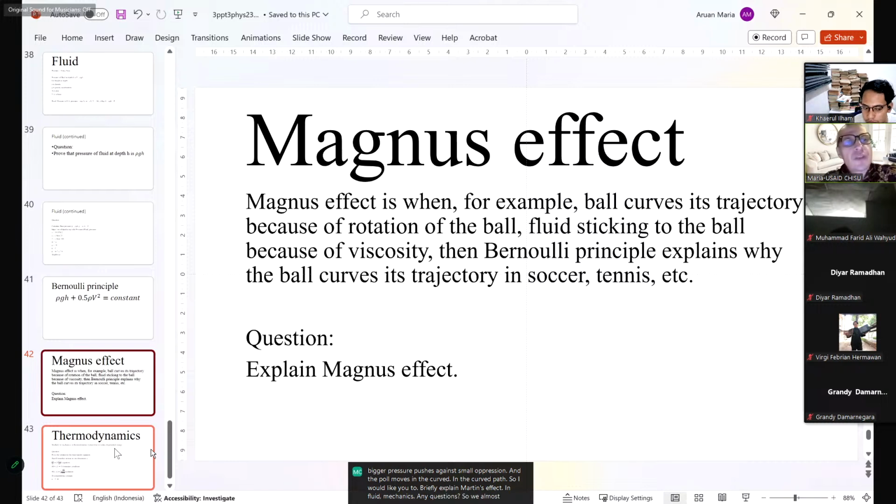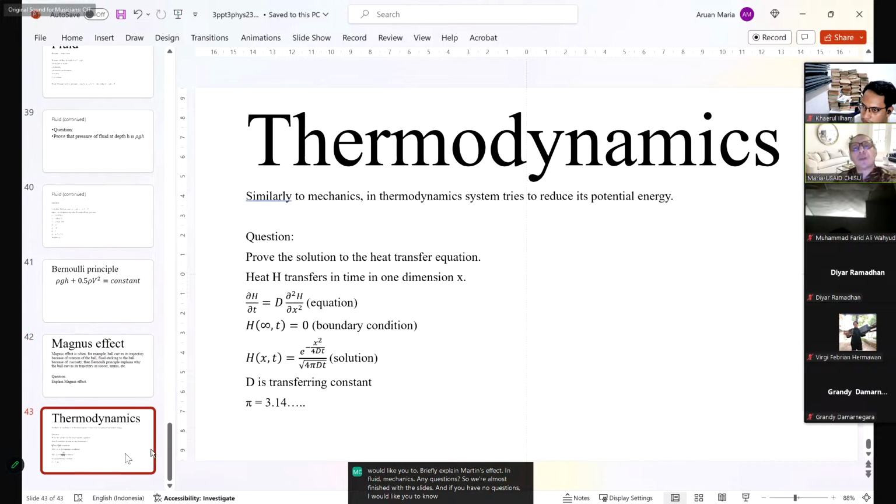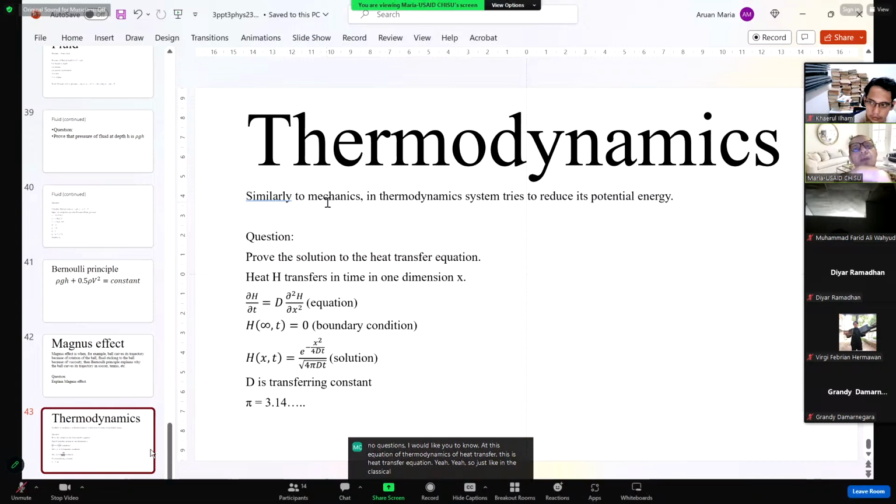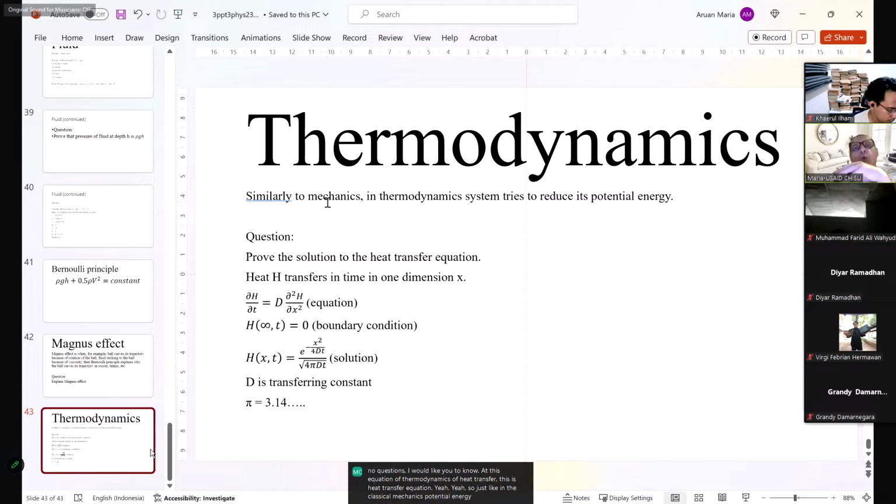So we almost finished with the slides. And if you have no questions, I would like you to know this equation of thermodynamics, the heat transfer equation. Just like in classical mechanics, potential energy wants to become kinetic energy to make sure that the potential energy is minimum, right?